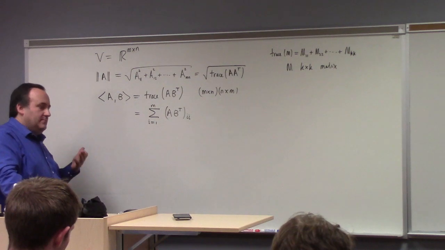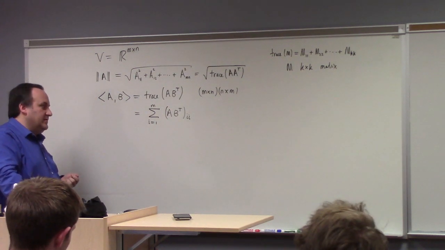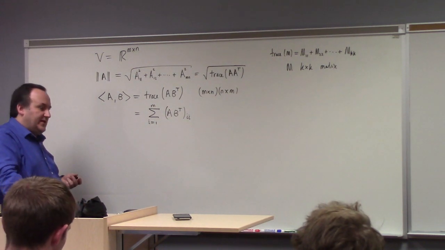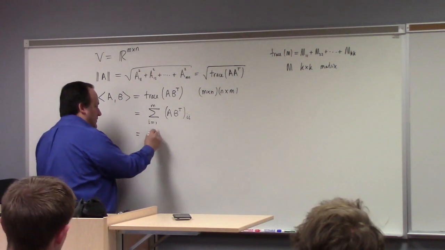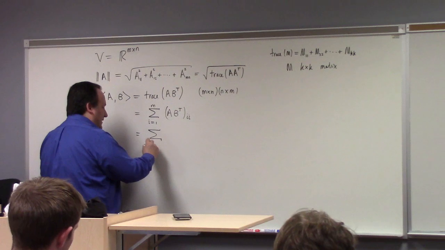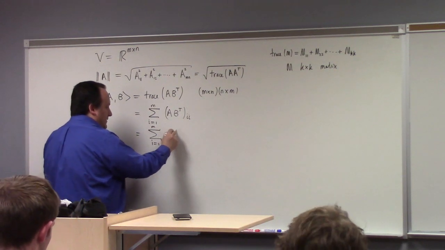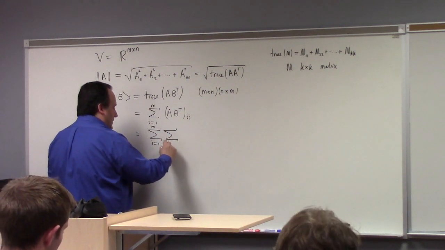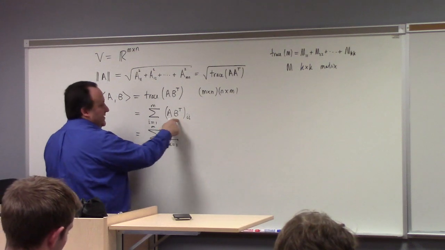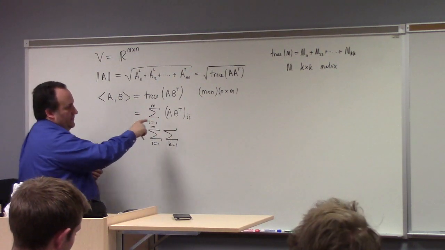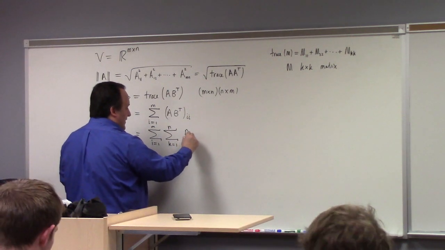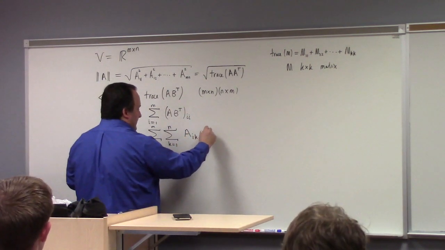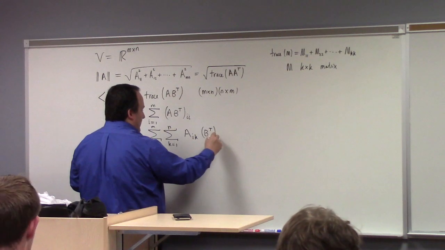And how do we multiply matrices? Like, what's the formula in terms of summation notation for the product of two matrices, the ith component? Well, that is the sum i equals 1 to m, the sum k equals 1 to n, of a_ik, b transpose ki.